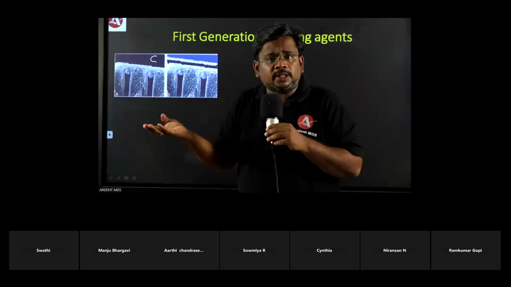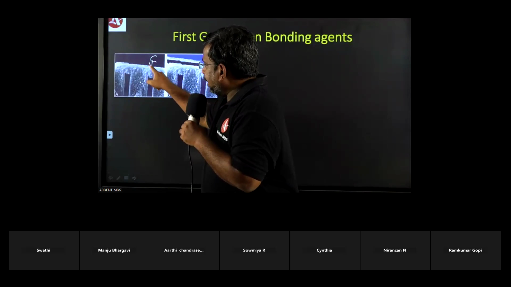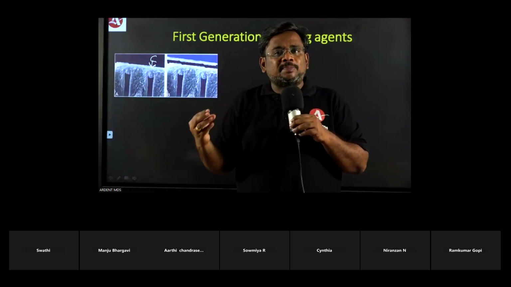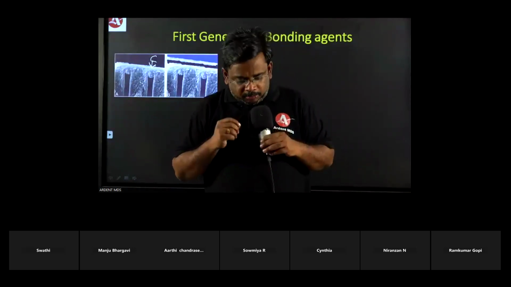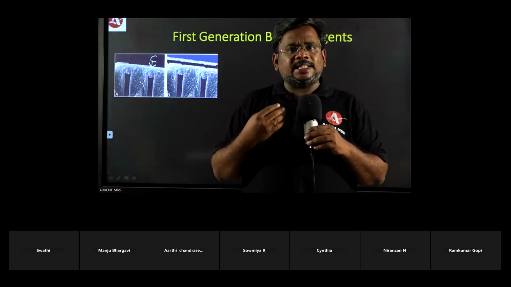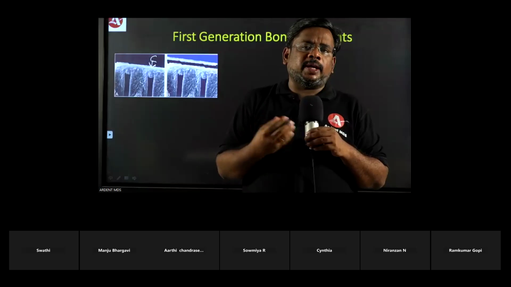Then where is the composite bonded? The composite is bonded to the layer present over the dentin, which is called the smear layer. Why is it like that? Because in the first 2 generations, the dentists were not aware of the smear layer.